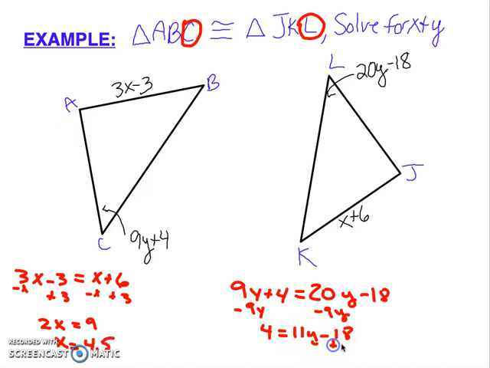Add 18 to both sides, and we end up with 11y equals 22. Divide off your 11, and y equals 2.